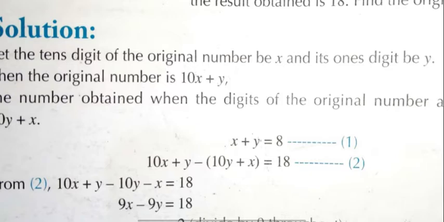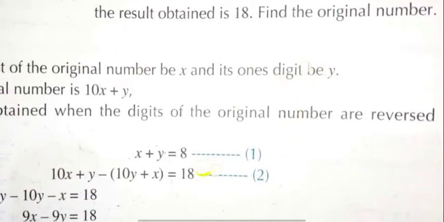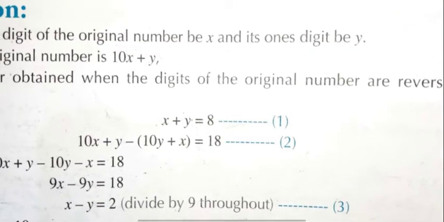Okay, now minus. Why minus? Because the question says that the number is subtracted, so minus. Subtracted from what? The original number, but reversed. So we just reverse the x and y to become y and x, just like that. And there you go, the second equation.